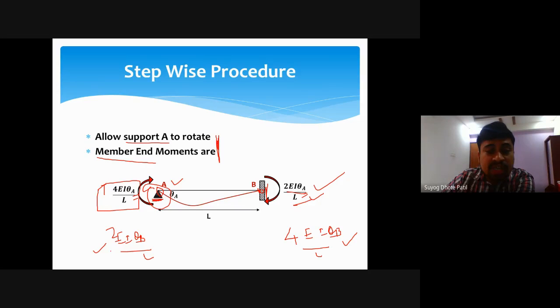Only when I allow support B to rotate will θB come into the picture. Remember, don't confuse these two parameters.